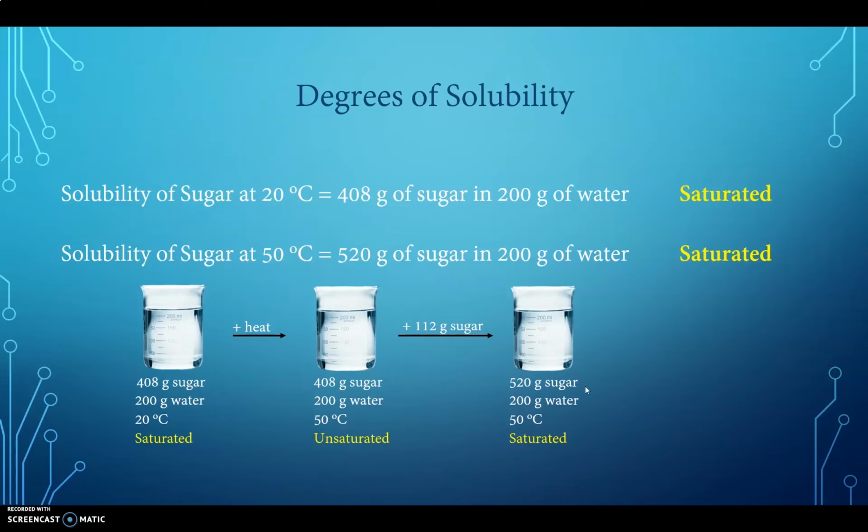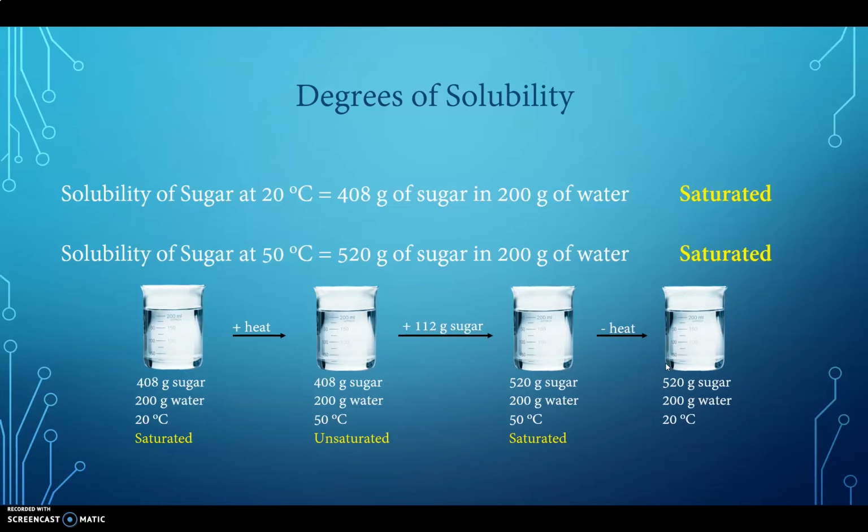Now, for our final step, let's cool the solution back down. Let's lower the temperature back to 20 degrees Celsius. At this temperature, there should only be room for 408 grams of sugar, but we have 520. What should happen immediately is the extra sugar should all crystallize out.